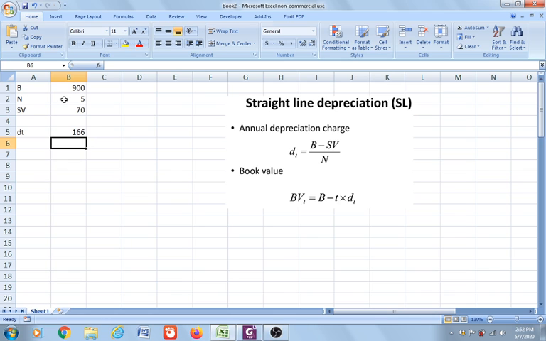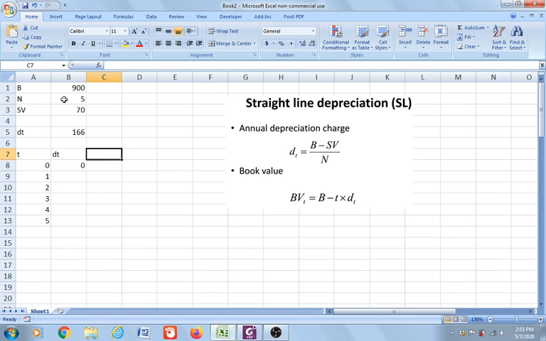Now we're going to make the depreciation table. We have T: year 0, year 1, year 2, year 3, year 4, year 5. And we will have DT. Remember, there is no depreciation charge in year 0, so DT in year 0 is 0.